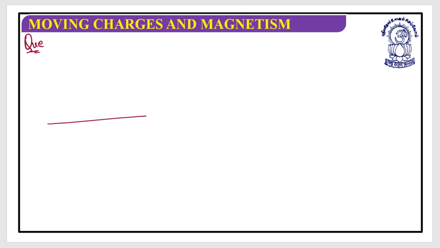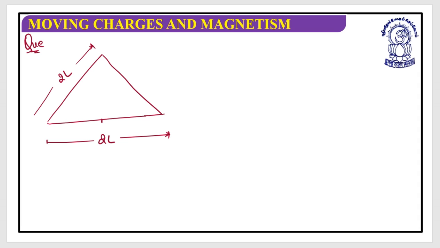Let's suppose this is an equilateral triangle, with a side length 2L. As I said, equilateral, so the angle would be 60 degrees. So even the length would be similar, it's 2L.